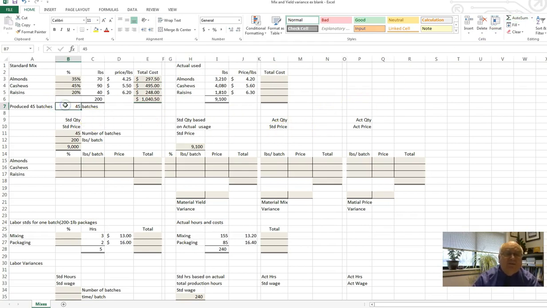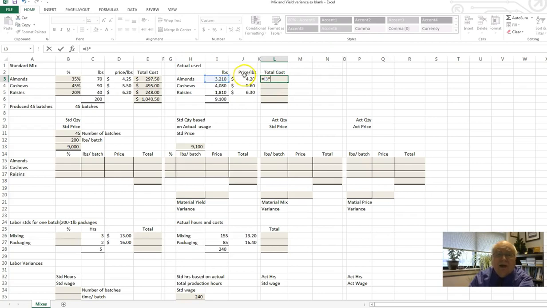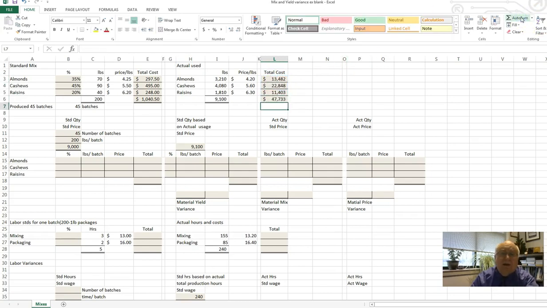We ran 45 batches on this. I'm also going to get the total cost here: 3210 times the 420, and we'll copy those down and add those up, and that gives us 47,733. That's my total cost.